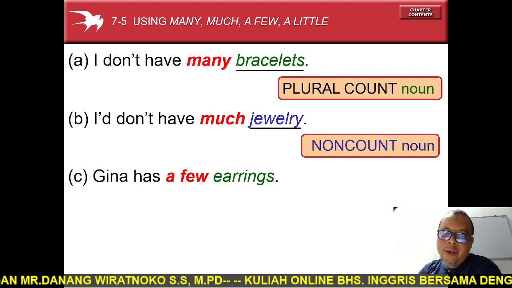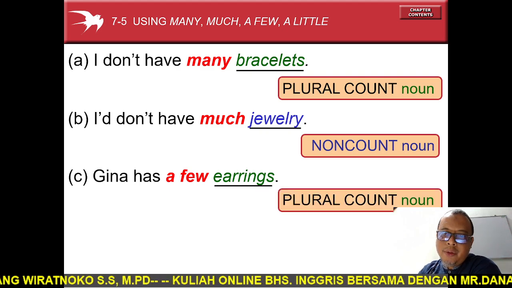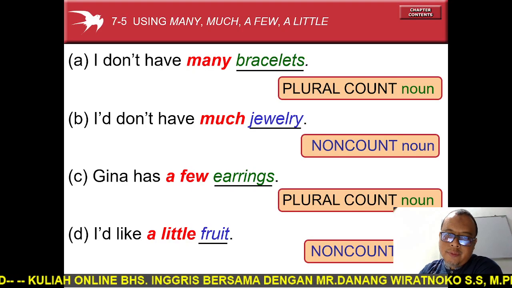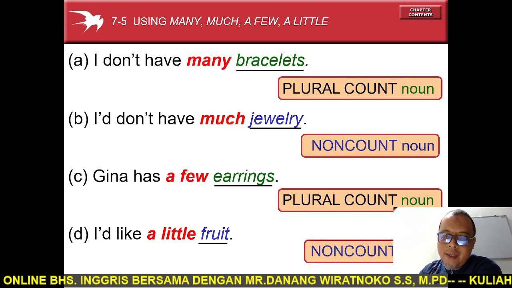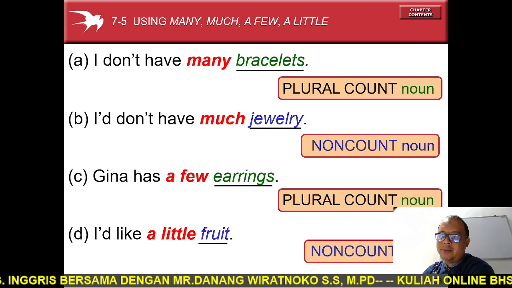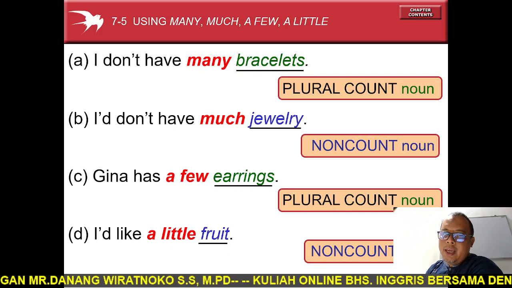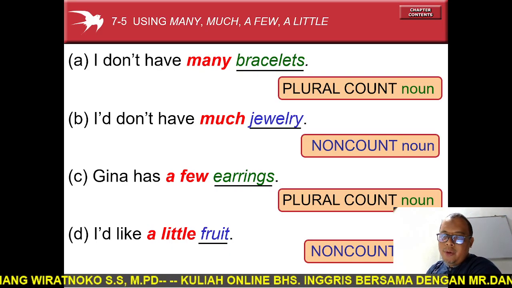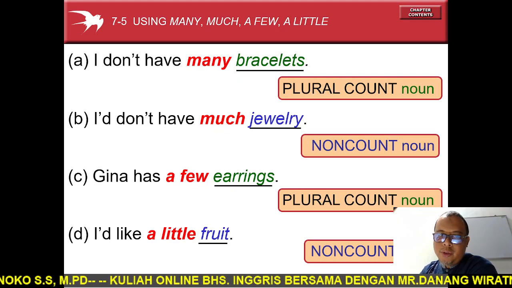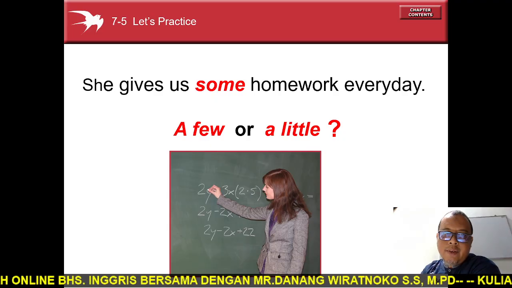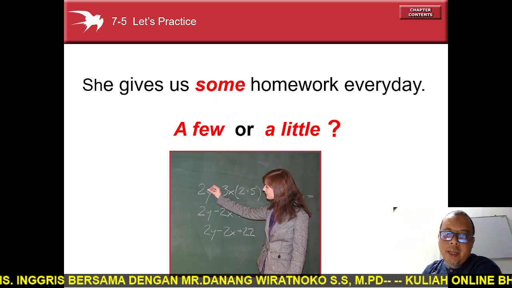A few earrings. Gina has a few earrings. Plural countable noun. I like a little fruit. Little is uncountable. Okay, just remember, if it's countable, we use many and a few. But when it's uncountable, we use much and a little. Okay, she gives us some homework every day.